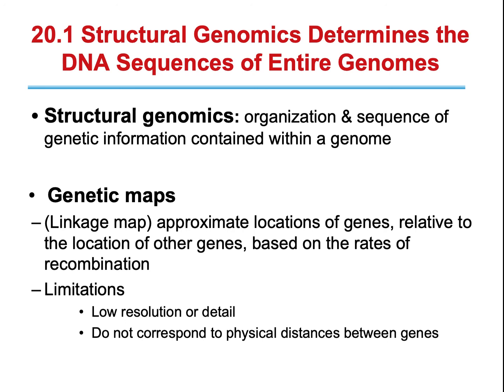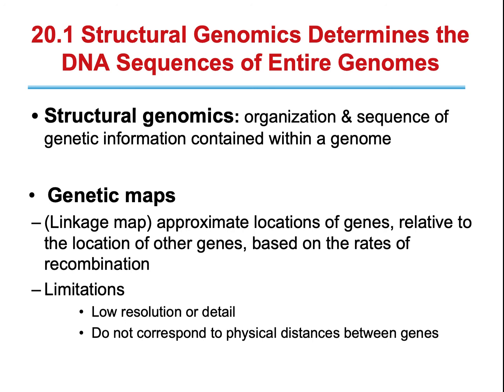In short, individual organisms of known genotype are crossed, and the frequency of recombination between loci is determined by examining progeny. If the recombination frequency between two loci is 50%, the loci are either on different chromosomes or far apart on the same chromosome. If the recombination frequency is less than 50%, the loci are close together on the same chromosome or may in fact be the same gene.